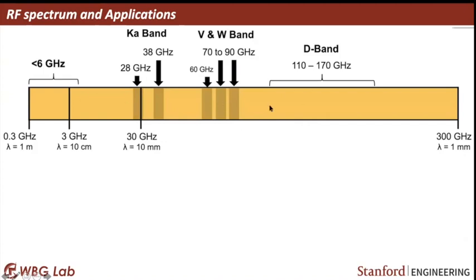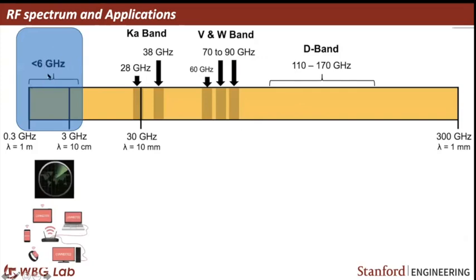So we have this band of frequencies available, and we have divided that into different groups. For example, the frequencies below 6 gigahertz have different applications. Actually, what we use today is in this band only.